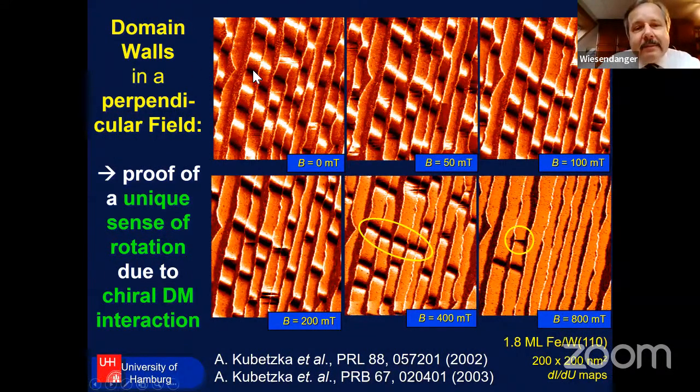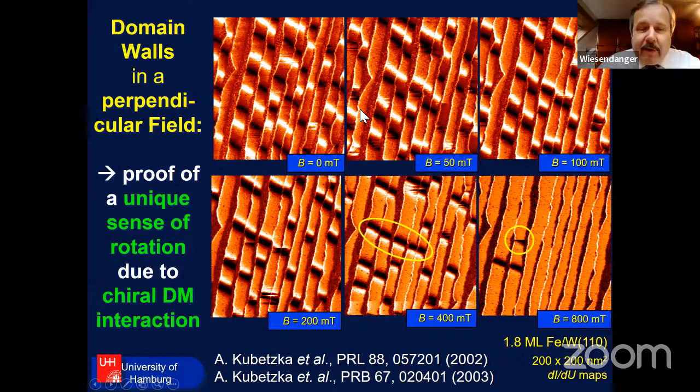So what will happen is you move pairs of domain walls together to ultimately form 360-degree walls. And this can only happen if you always have a unique sense of rotation of the domain walls. If the domain walls had opposite sense of rotation, you would annihilate the domain walls. So that was a rigorous proof, given in these two publications, that we have a unique sense of rotation.